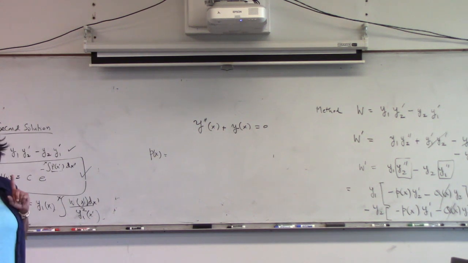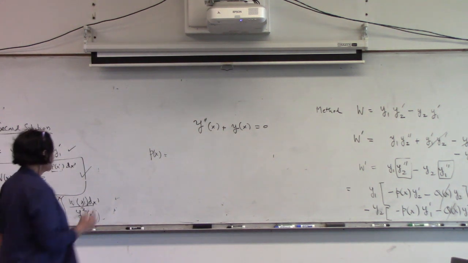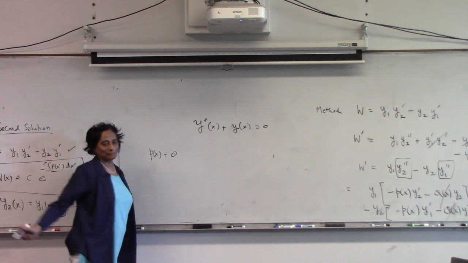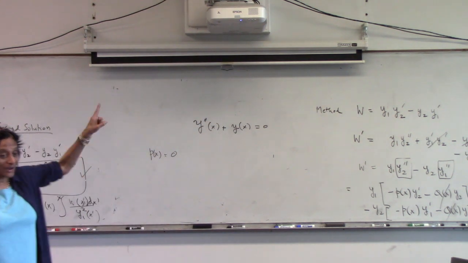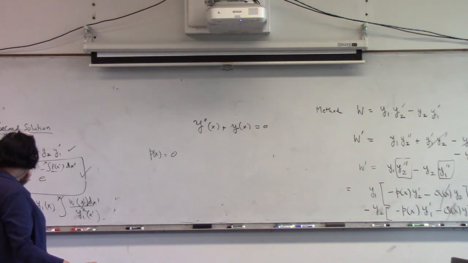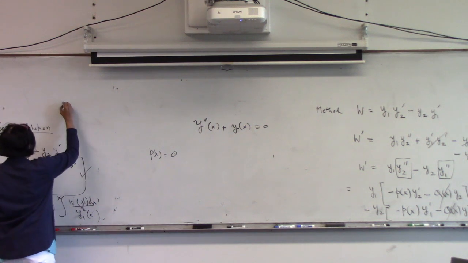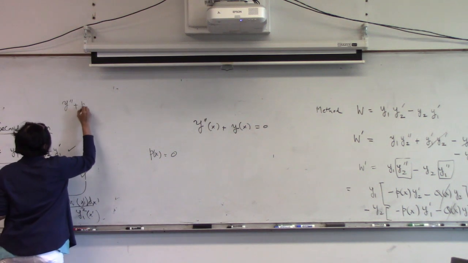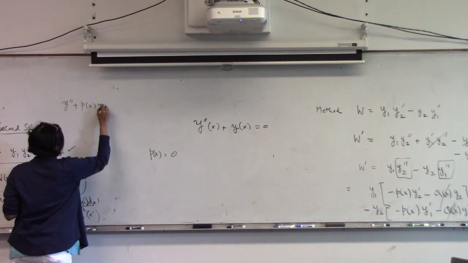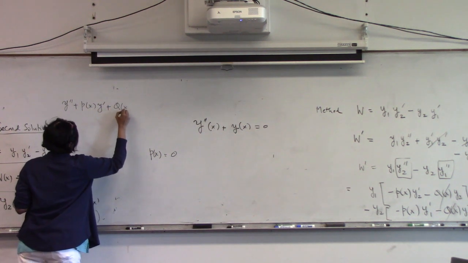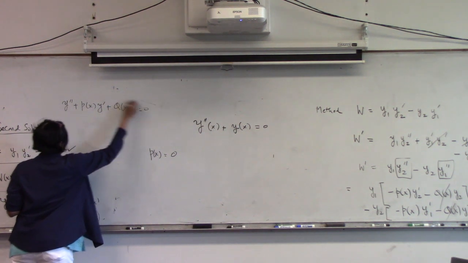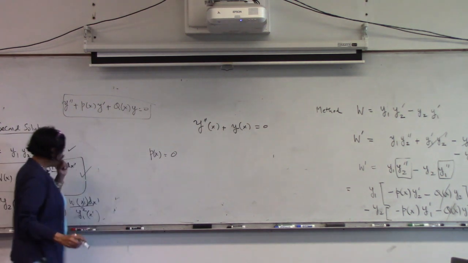P of x is the coefficient of y prime. Q of x is 1. Sorry, P of x is 0. So that's why you have to go back to your original differential equation. Canonical form is very, very important: y double prime plus P of x y prime plus Q of x y equals 0. So P of x is 0, okay?